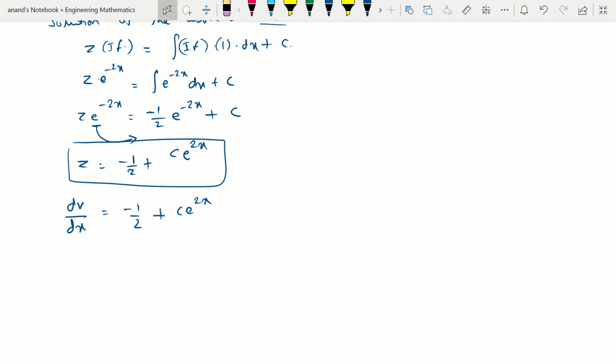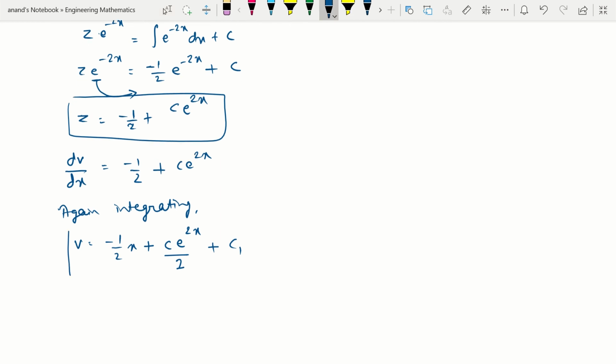Now again integrating, we get v equals −x/2 + c e^(2x)/2 + c₁. So this is the value of v.